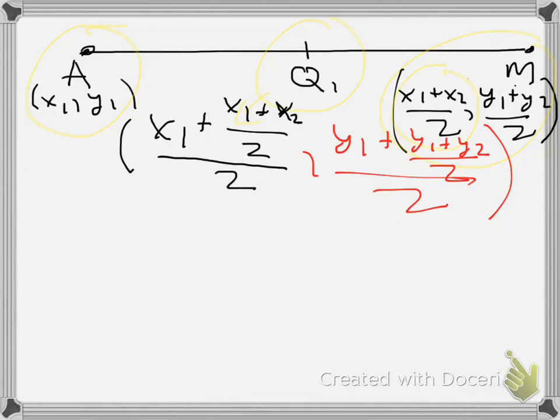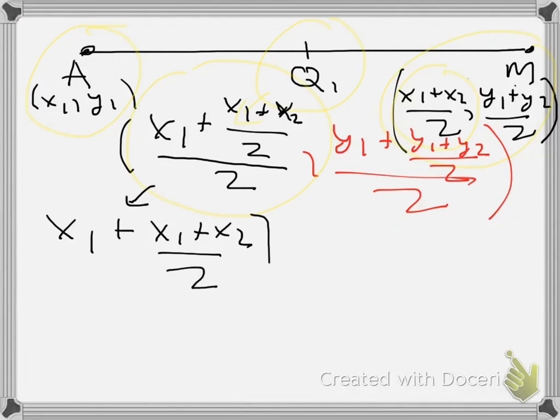So the question is, it's an algebra question. How do I simplify this? Well, we're dividing by 2, so I'm going to rewrite this over here. x1 plus x2 divided by 2. And instead of dividing by 2, I'm going to multiply by a half.